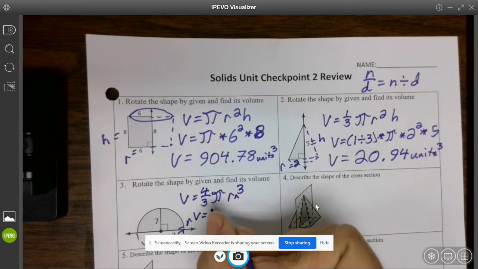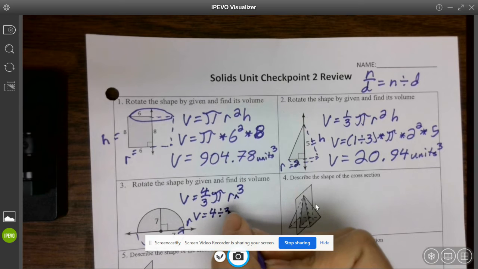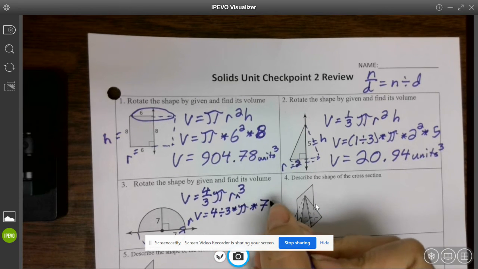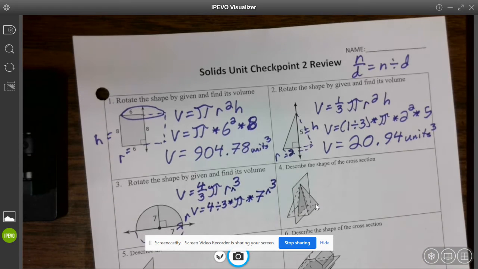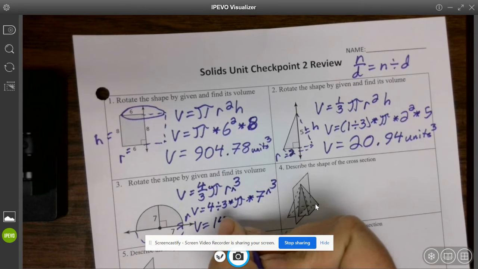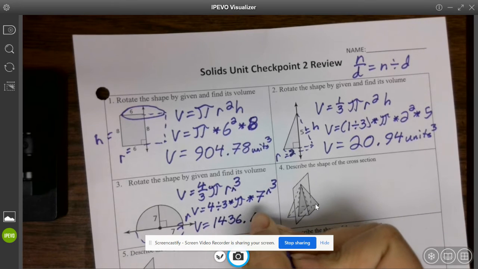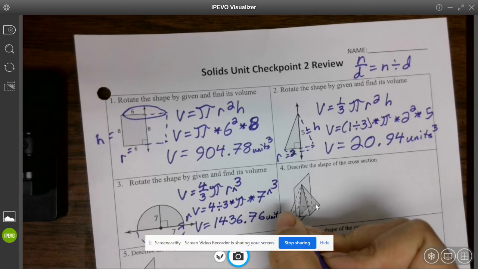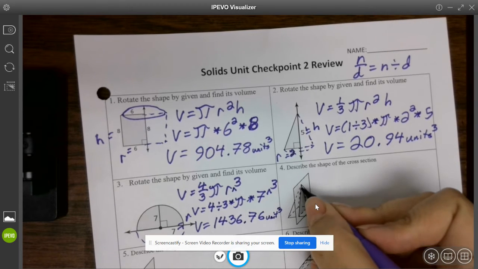So for the volume, do 4 divided by 3 times pi times 7 raised to the 3rd power. Then we get 1,436.76 units cubed.